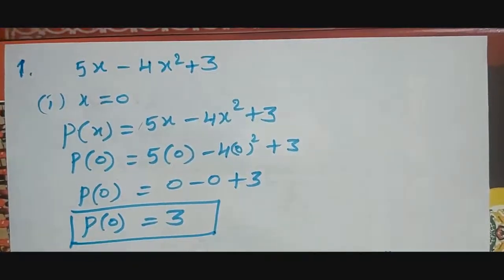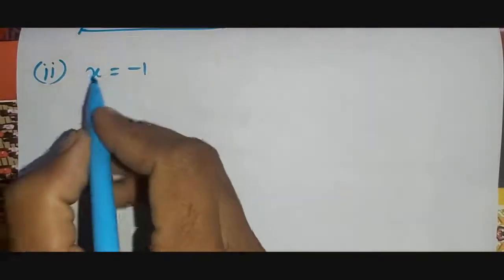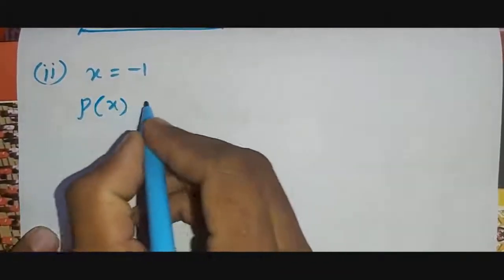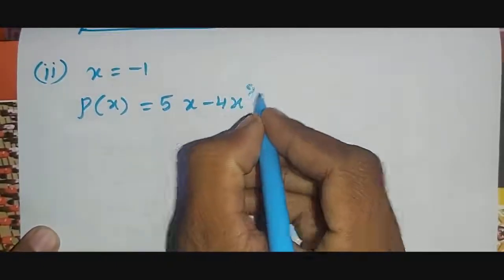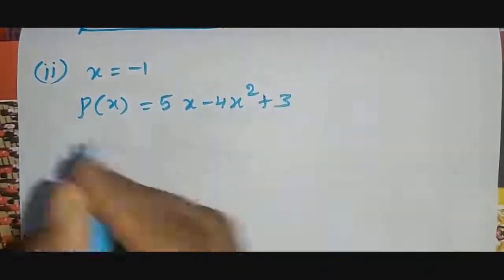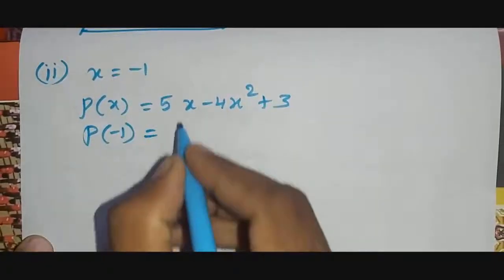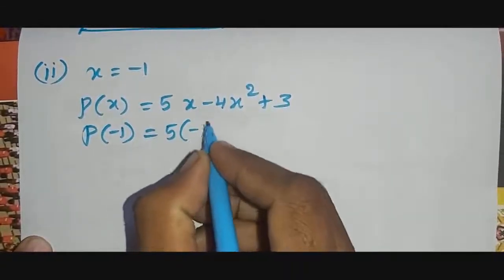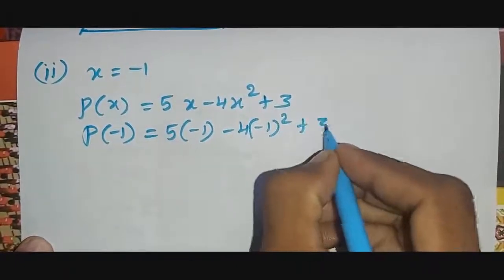What is the question? Find the value of the polynomial. The value at 0 is 3. For the second question, x is equal to minus 1. p of x is equal to 5x minus 4x square plus 3. Put this value in it: p of minus 1 is 5 of minus 1 minus 4 of minus 1 square plus 3.